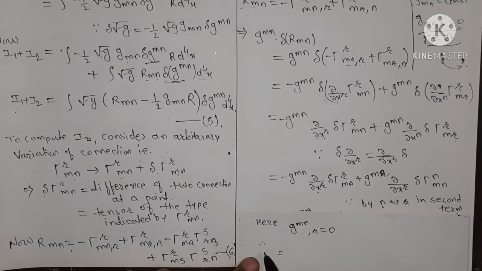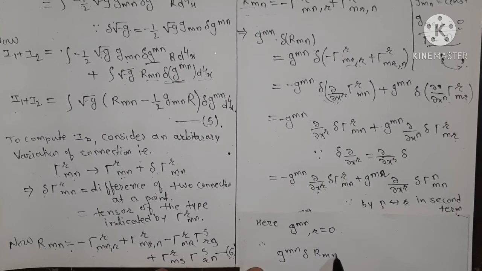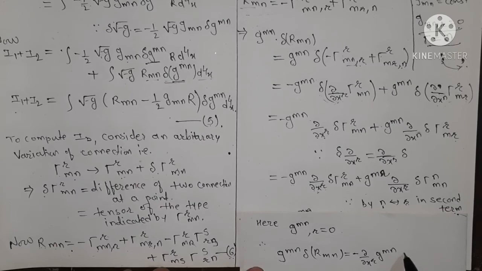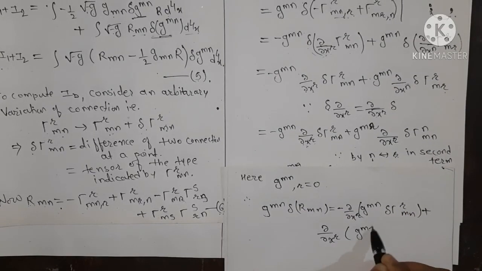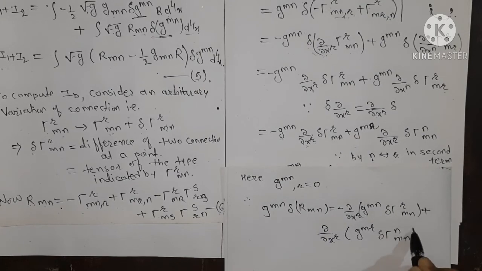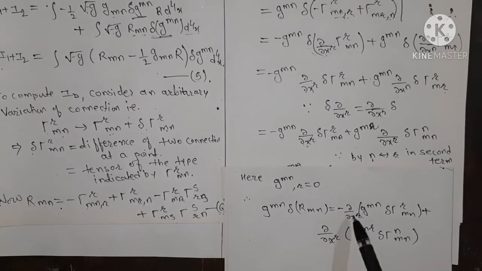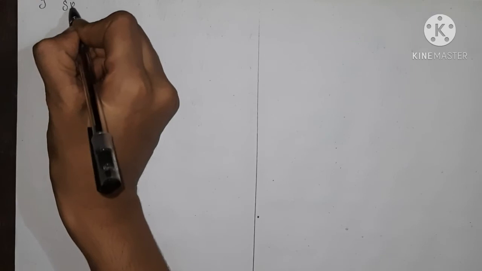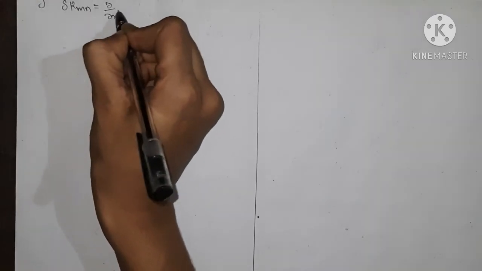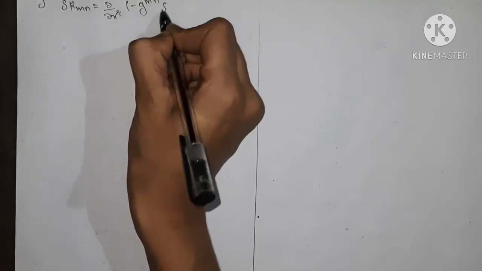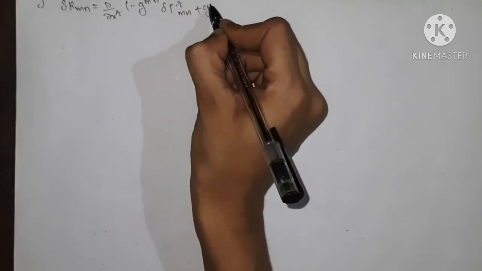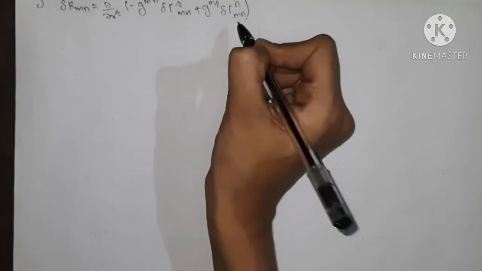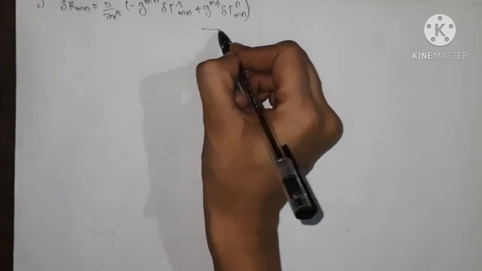Therefore g^{mn} δR_{mn} is equal to minus ∂/∂x^r of g^{mn} δΓ^r_{mn} plus ∂/∂x^r of g^{mr} δΓ^n_{mn}. Now we can take the common ∂/∂x^r from these two brackets, and we have the form g^{mn} δR_{mn} is equal to ∂/∂x^r of minus g^{mn} δΓ^r_{mn} plus g^{mr} δΓ^n_{mn}. We give this as equation number 7.